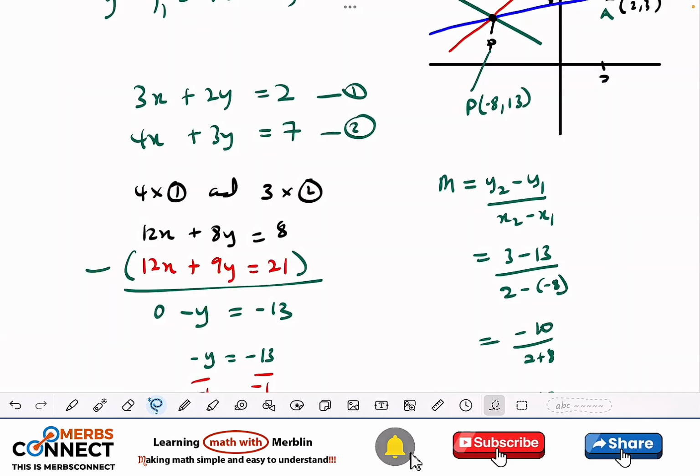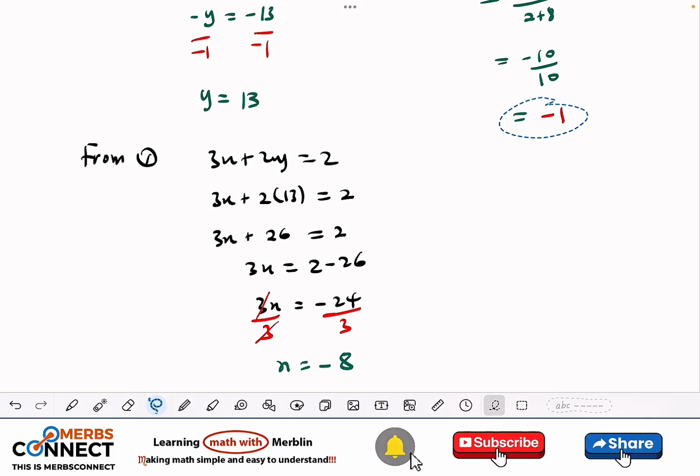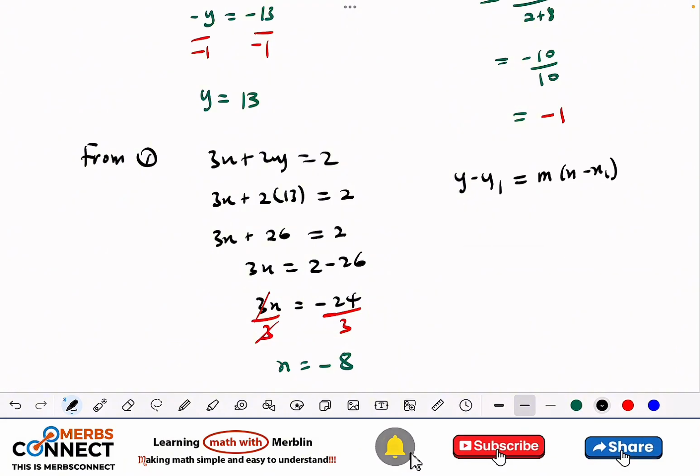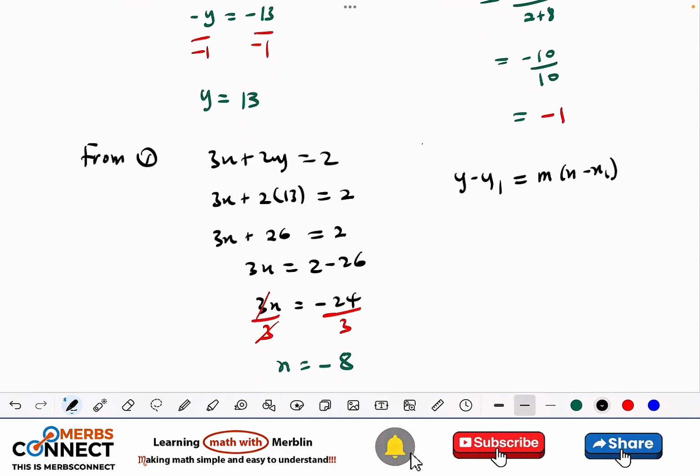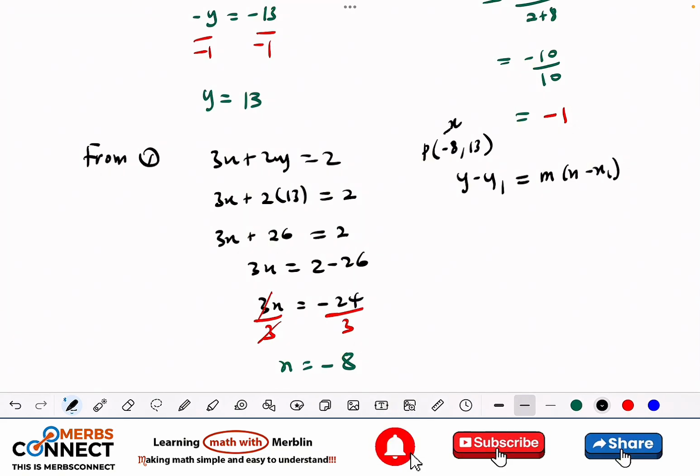So when we come to the equation of the line, we said the equation of the line is y minus y1 is equal to m times x minus x1. Now let's use P as the point that we want to use. P is equal to minus 8 and 13. This is x1 and this is y1.